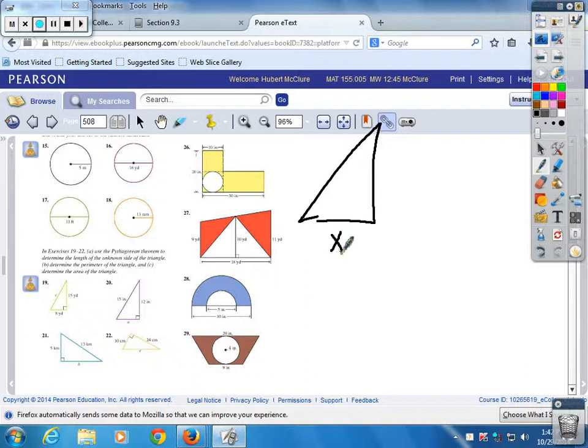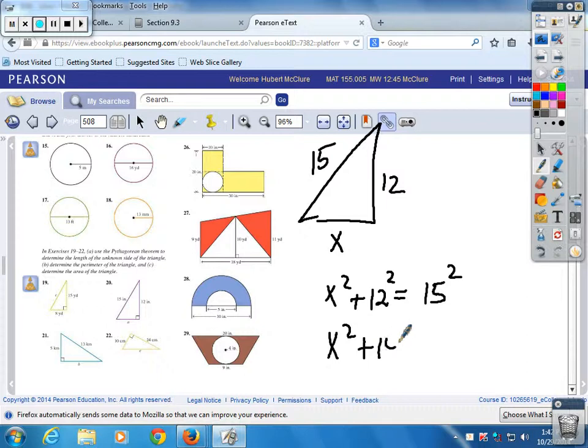X on the bottom, 12 on the side, and 15 on the side. So this one is going to look like X squared plus 12 squared is equal to 15 squared. Plug and chug. X squared plus 144 is equal to 225.